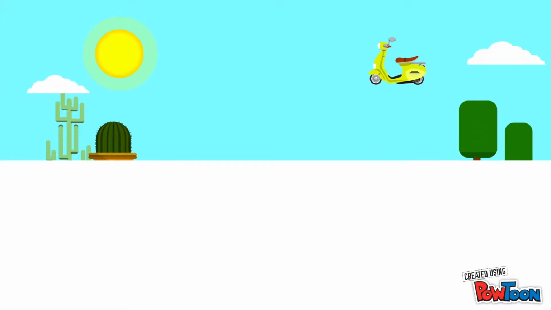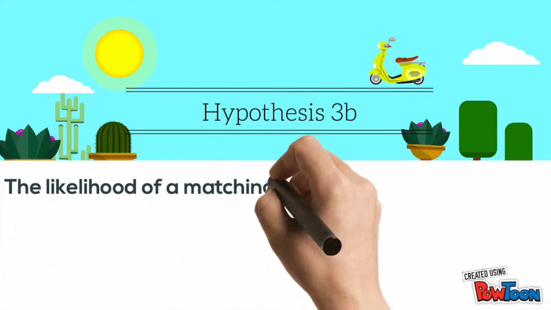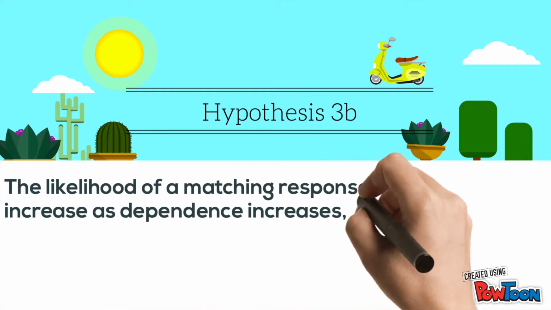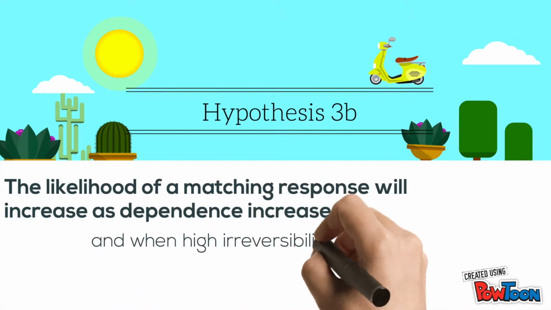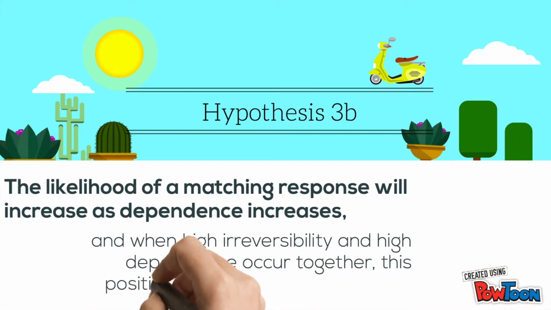The irreversibility of a move should also play an interesting role here. Hypothesis 3b. The likelihood of a matching response will increase as dependence increases, and when high irreversibility and high dependence occur together, this positive relation will be augmented.